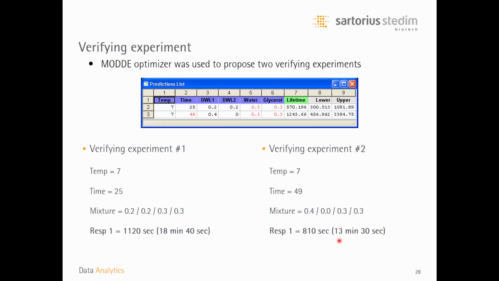And in the other case, the bubble had a lifetime of 13 minutes and 30 seconds. So we obtain strong evidence that through the model interpretation and through the use of the software optimizer, we are able to identify interesting directions in which to move along in order to improve the result even further. That is, in this case, to get soap bubbles of even longer lifetime.